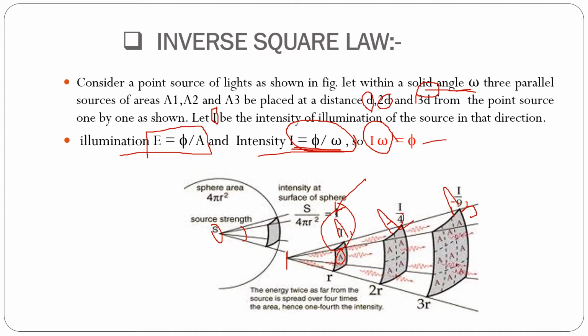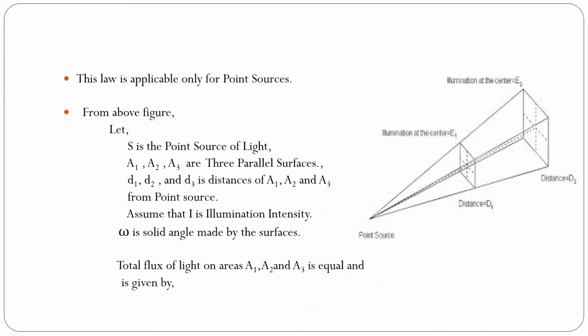So this is my equation. Now this law, as I stated earlier also, is applicable only for the point source, and only when the direction is normal, meaning perpendicular, can we apply the inverse square law.